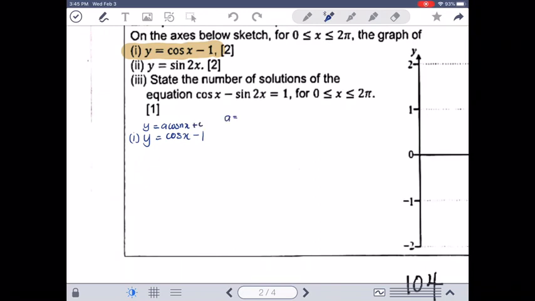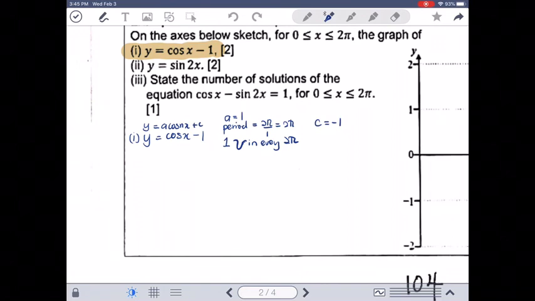So we have our a equal to 1, our period is equal to 2 pi over 1, which is just 2 pi, which means that we have one cycle in every 2 pi.